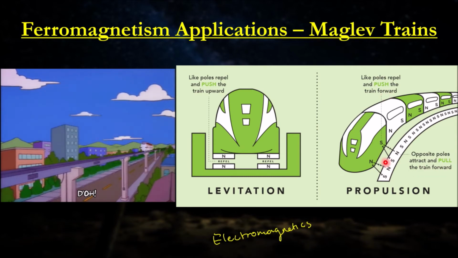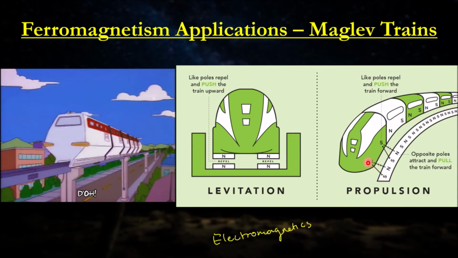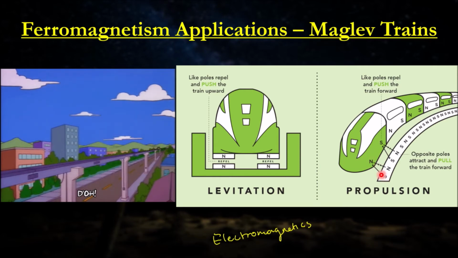Every time the train is moving along the track, if the front of the train has a north pole, right in front of it on the track, it will be a south pole. That's going to attract it forwards. Right behind that pole, there's going to be another pole that's exactly the same. If we have two of the same pole types, that's going to cause a repulsion force, and that's also going to propel it forwards. So that's the application of how maglev trains work. Obviously, we don't have this in Australia, so I'm dying to hope for one day to get one of these.